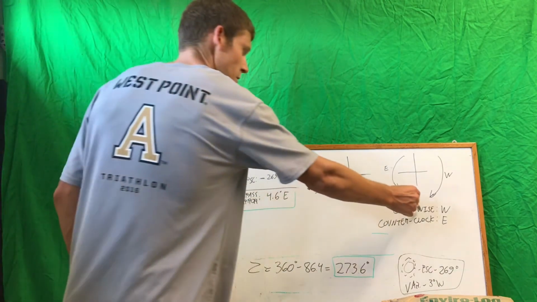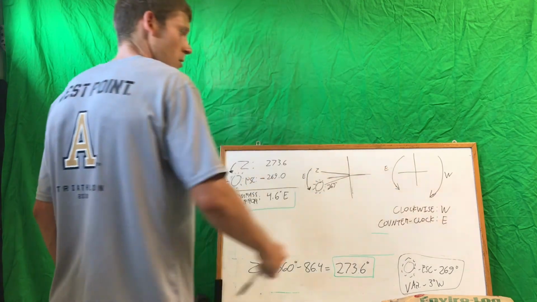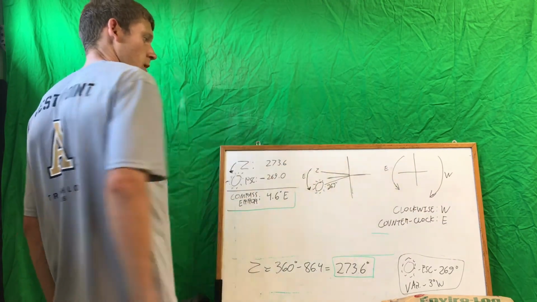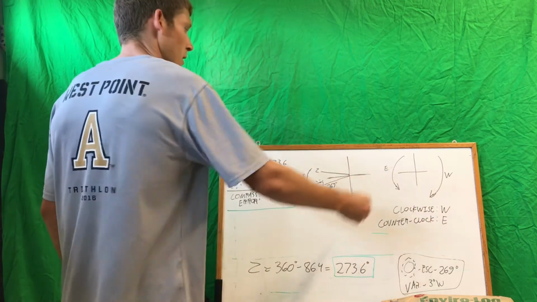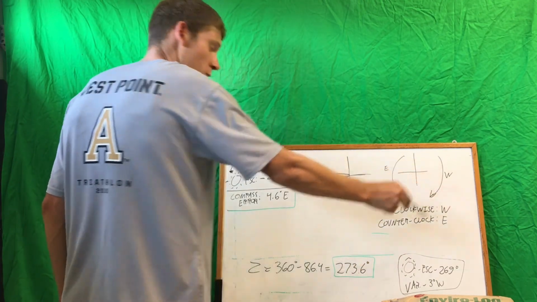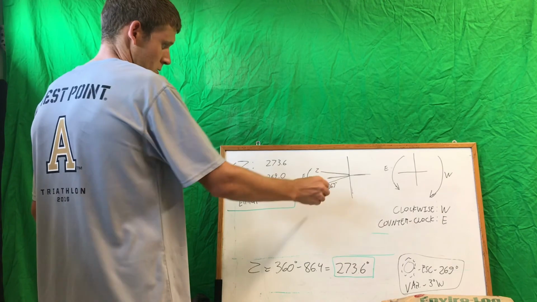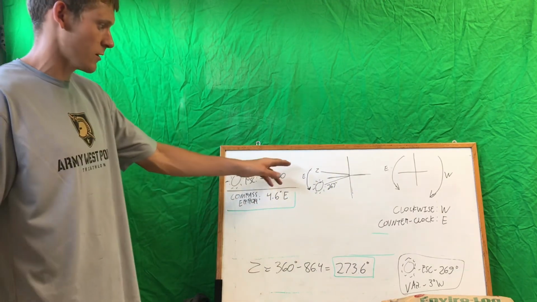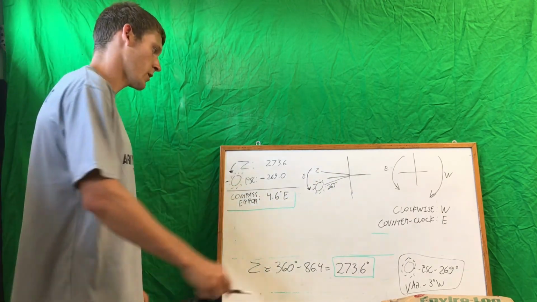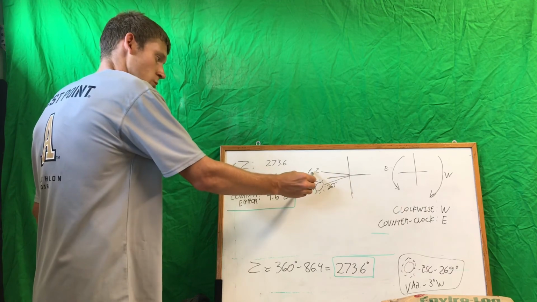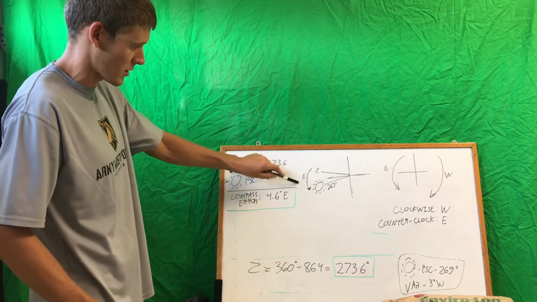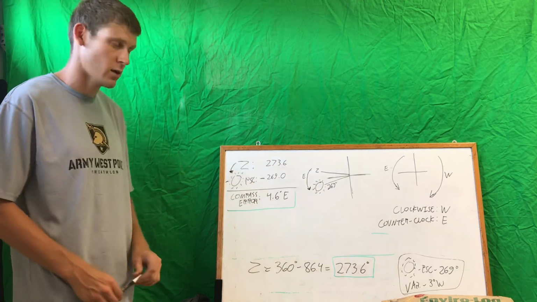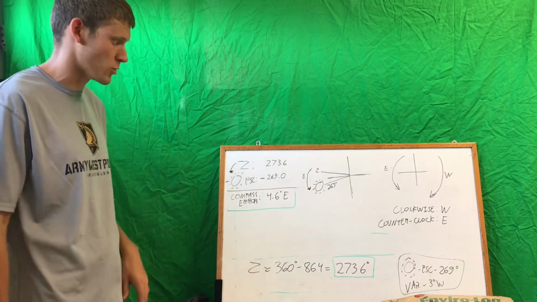Depending on the direction you go, that's how you're going to know which direction your compass error is. Anything that goes clockwise on your compass rose is west, and anything that goes counterclockwise on your compass rose is east. For us, Z going to per standard compass is a counterclockwise motion.